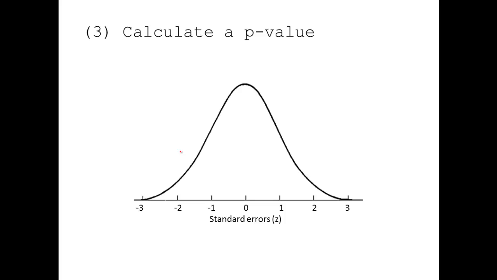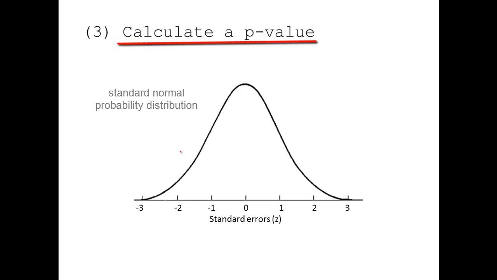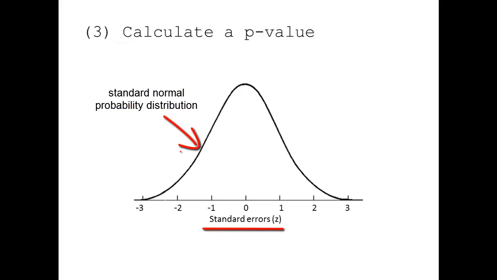So we now get to the exciting part. We compare our test statistic with the sampling distribution of the test statistic under the null hypothesis to calculate our p-value. So as we said in our example, we use the Z distribution, or standard normal distribution. And you've seen this before, it looks like this. So the area underneath this curve between two Z statistics represents the probability of obtaining a Z statistic, or a test statistic, within that interval.